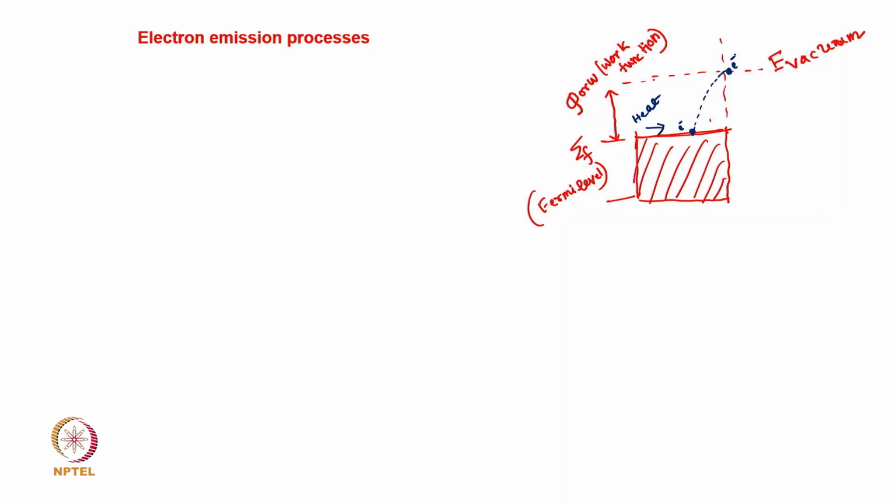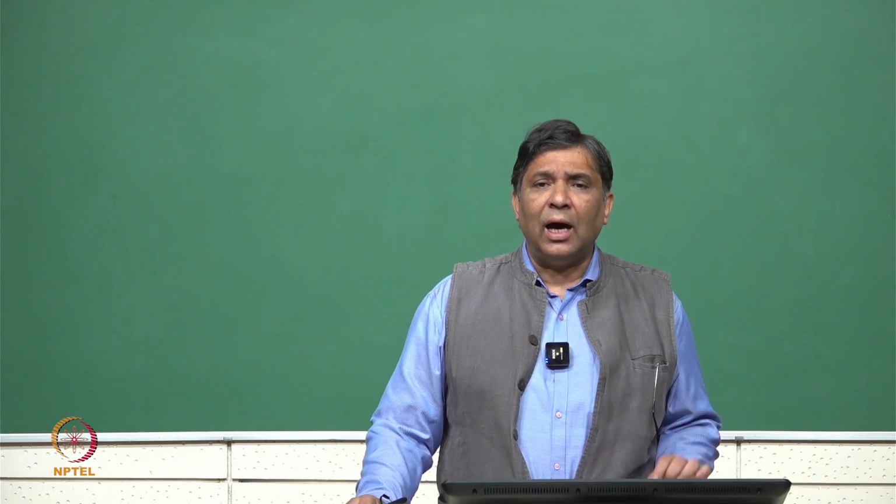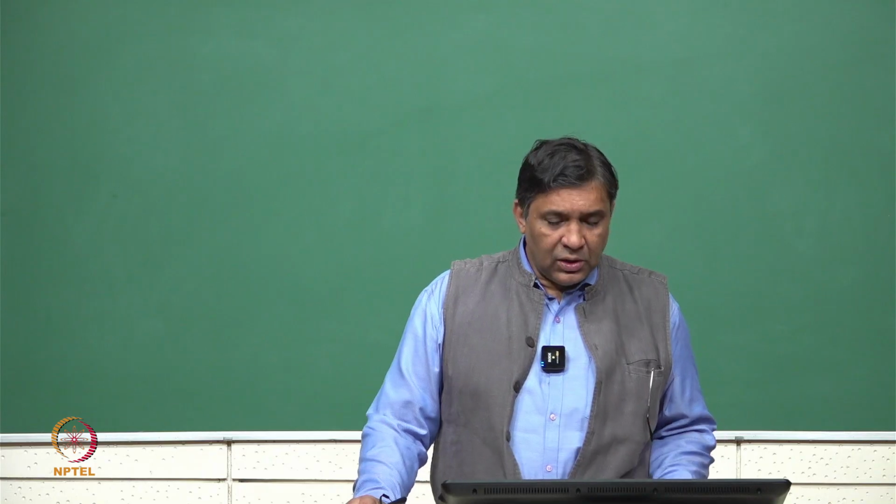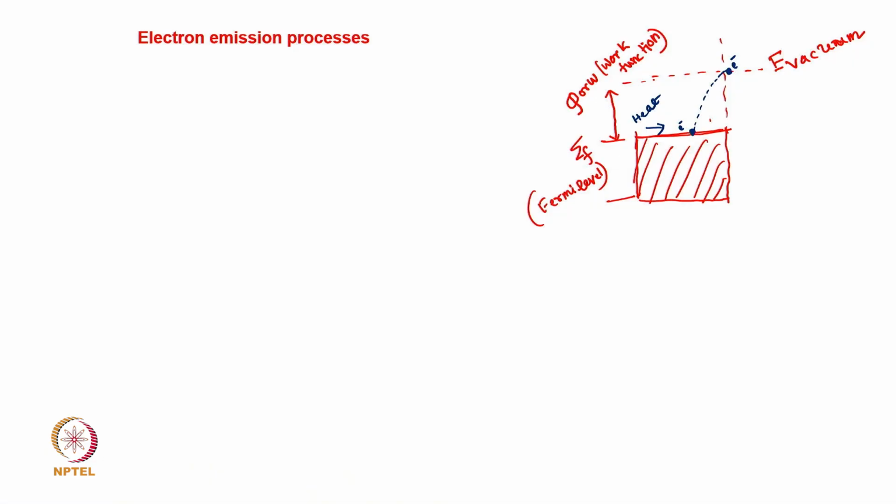That means it gains energy more than its work function. And then what happens? This electron goes into a free state and we can see a free electron. This is typically what is known as thermionic emission. Okay, so I write it: thermionic emission.